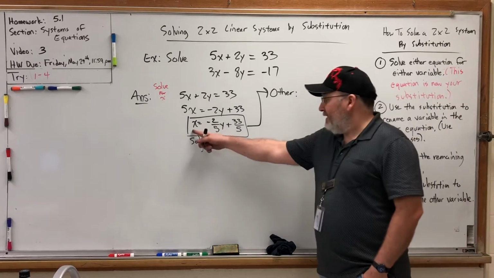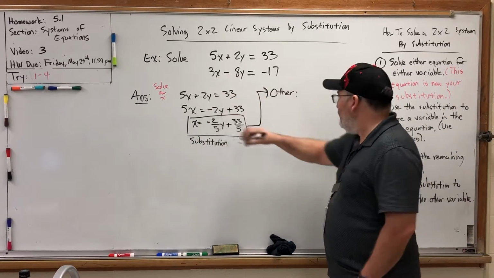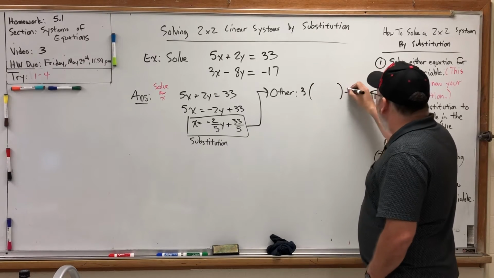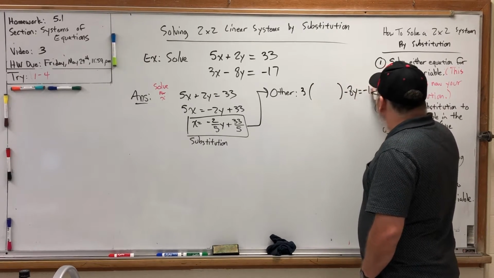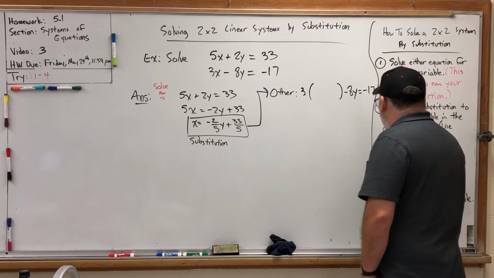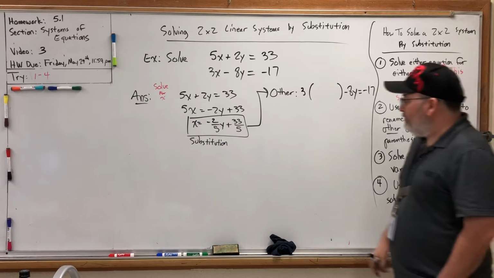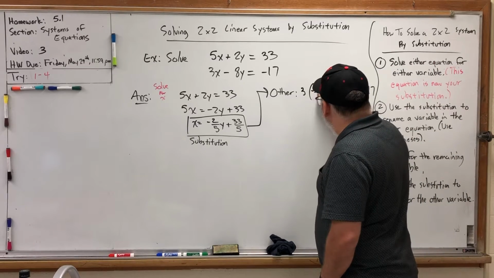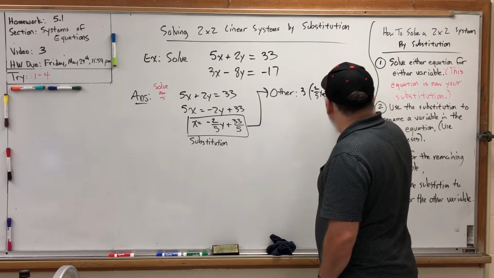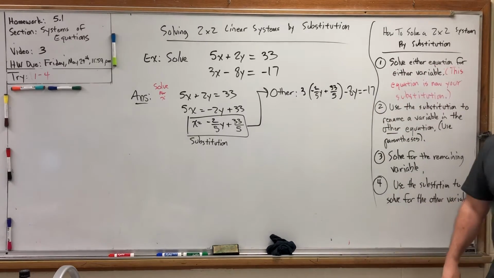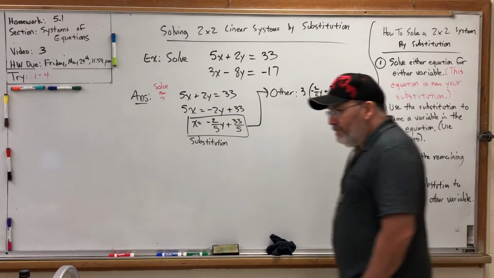And since it says x equals, I'm going to replace this x with parentheses: 3 big old parentheses minus 8y equals -17. All right, let's make our substitution. So -2/5 y plus 33/5 goes in here. And I know this looks really intimidating, but trust me, you can do it.